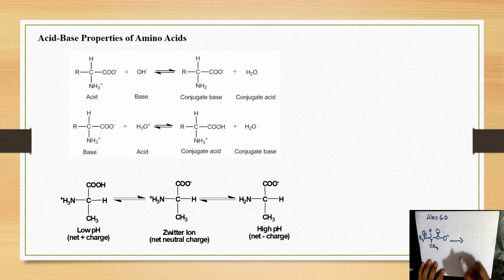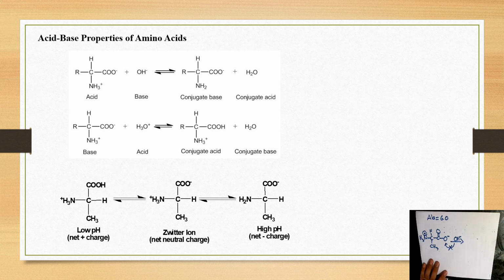This time we're going to increase the pH by adding a base, let's say hydroxide. Remember, hydroxide is a base. Since hydroxide is negatively charged, of course it will not go to the negative.